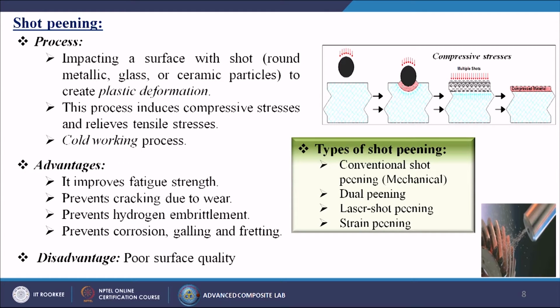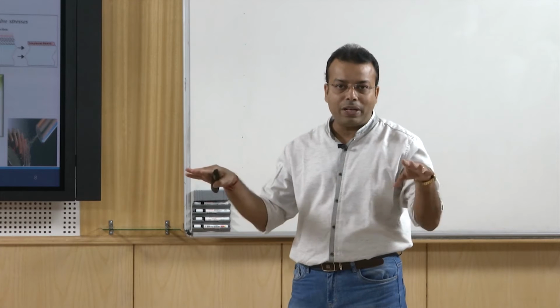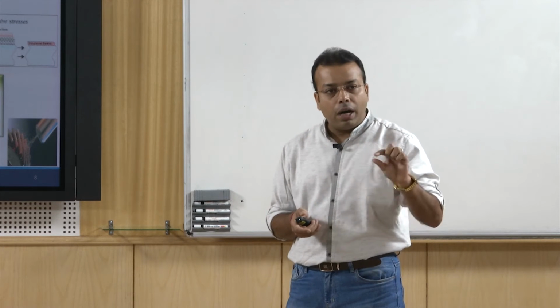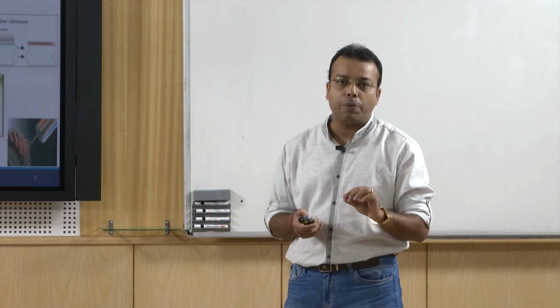Due to that kinetic energy, it gives an impact onto the material surface, by which we are compressing the material's top layer, so that if there are any cracks or abrasions or pores, everything can be compressed and the material will get a high strength thick layer on top of it.